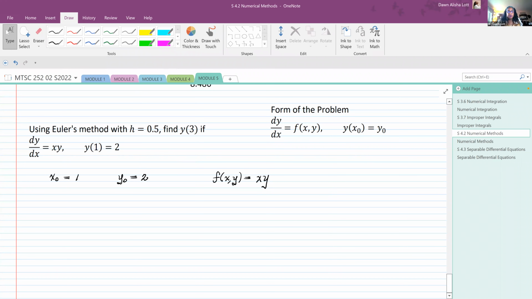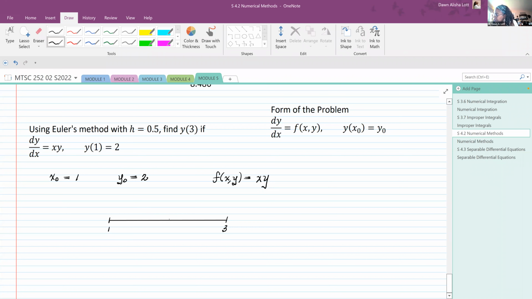We're going to use Euler's method to solve this. We're starting at x naught equals 1 and we want to go to x equal to 3, to approximate y of 3, so we have an interval from 1 to 3, and we're doing increments of a half.